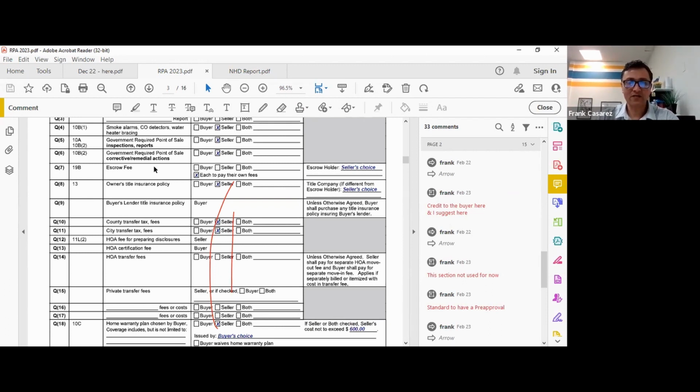It gives you the option for escrow fees for the buyer to take care of, the seller to take care of, both to take care of, or each pay their own. I really don't see a whole lot of a difference between both and each pay their own. It should probably just say each pay their own. But in any case, I usually check each pay their own.